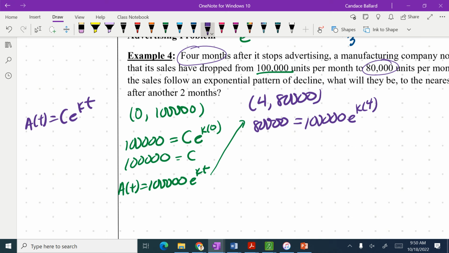I need to isolate the E, so what am I going to do with this 100,000? Divide. What's 8/10 reduced to? 4/5 equals E to the 4K. How do I get rid of the E? Natural log both sides. So natural log of 4/5, natural log of E to the 4K.